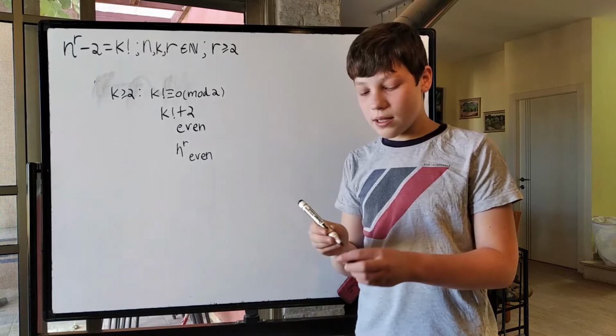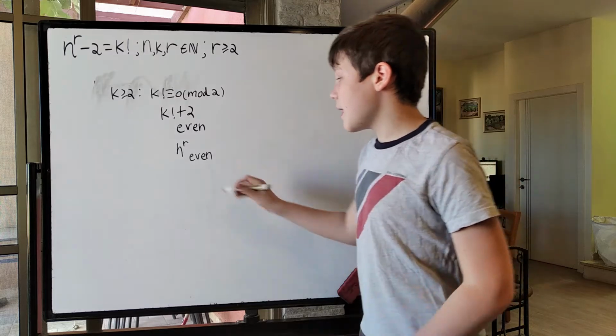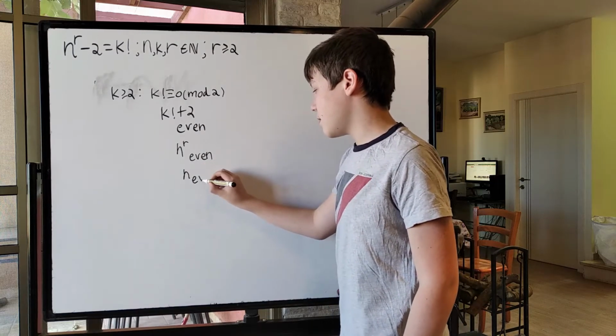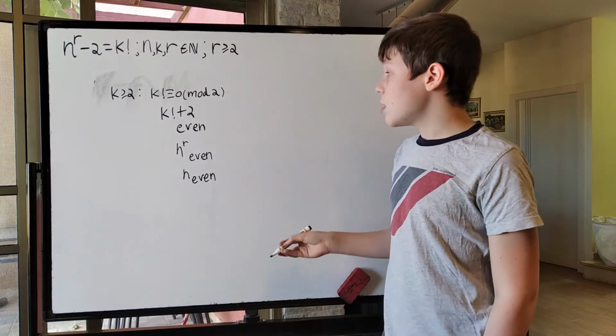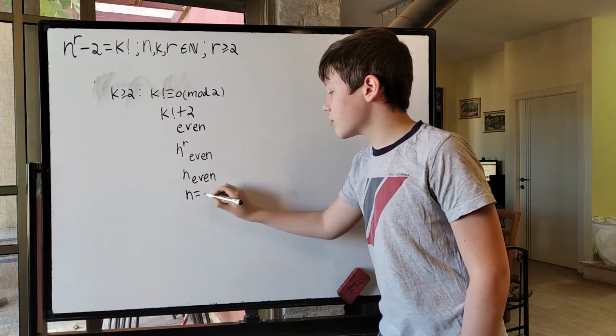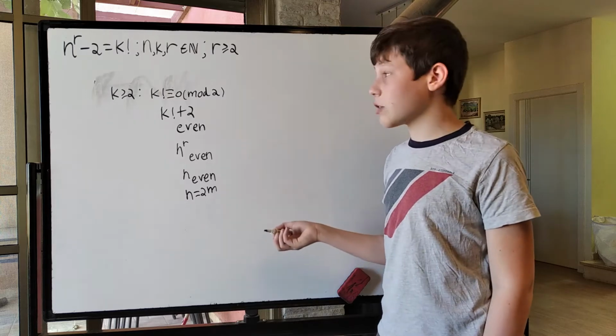And you can see how that implies that n itself is even. And now if n is even, we can write that n is equal to 2m, where m is also a natural number.